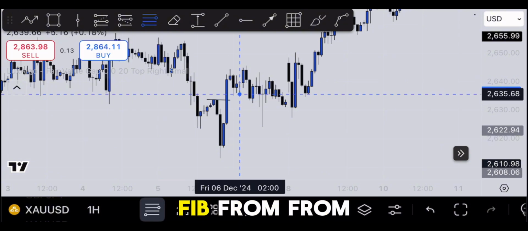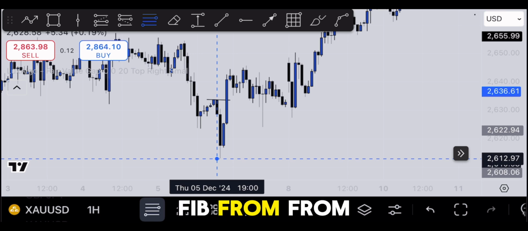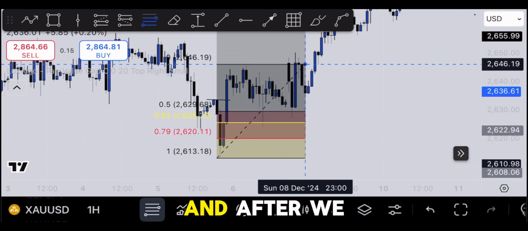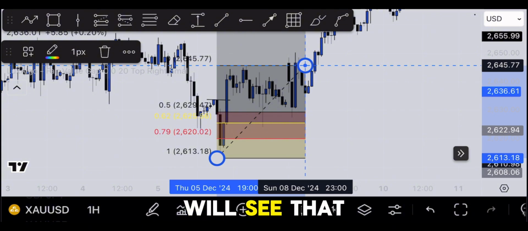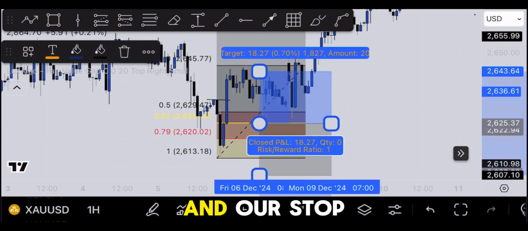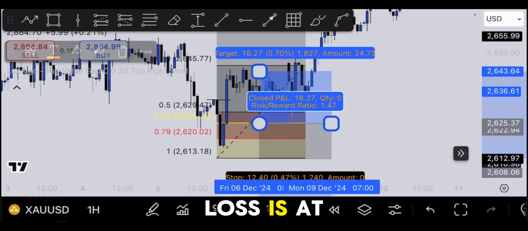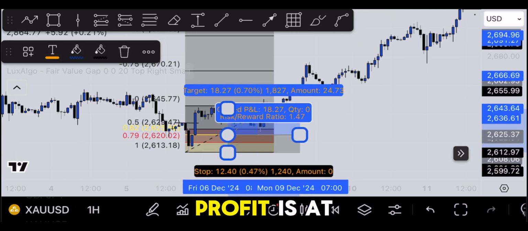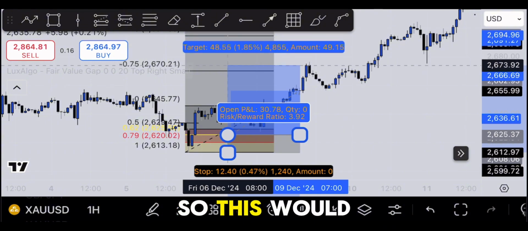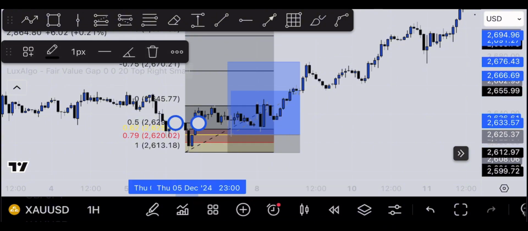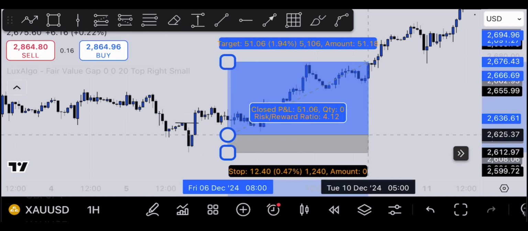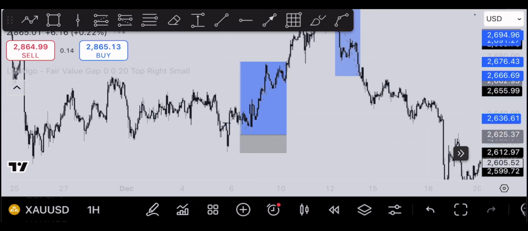We draw our Fib from low to the high, and after we do that, you will see that the market actually traded back into our entry zone right here, and our stop loss is at this low, and our take profit is at 1:4. So this would have been our take profit. Okay, so our take profit would have been there.